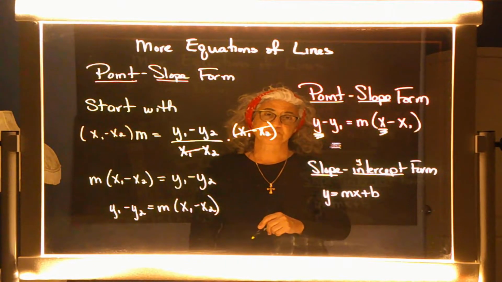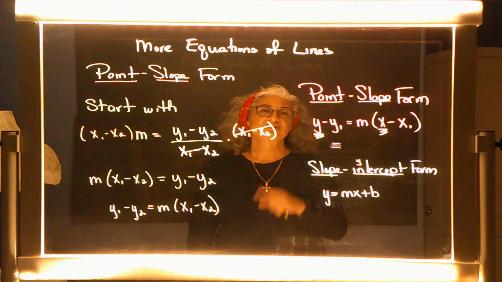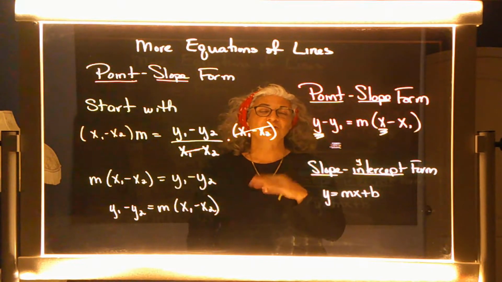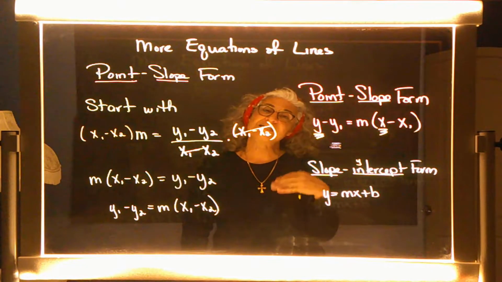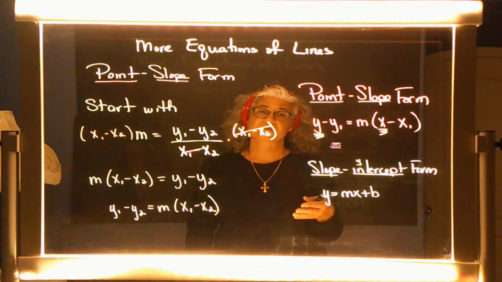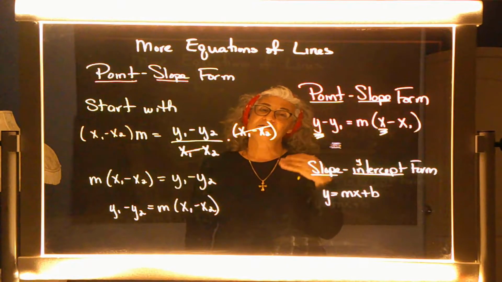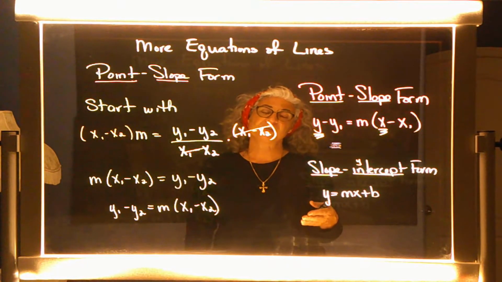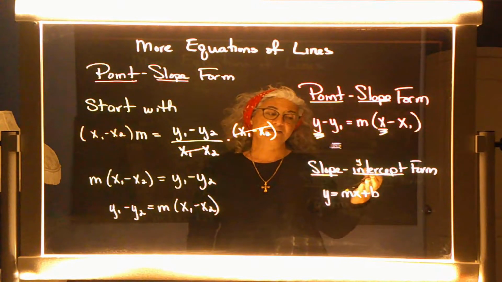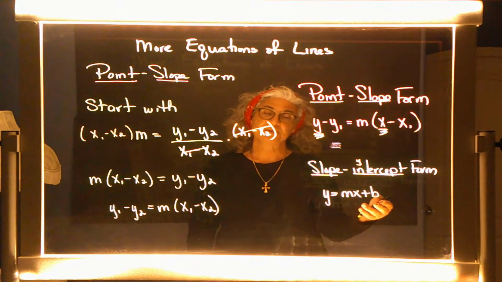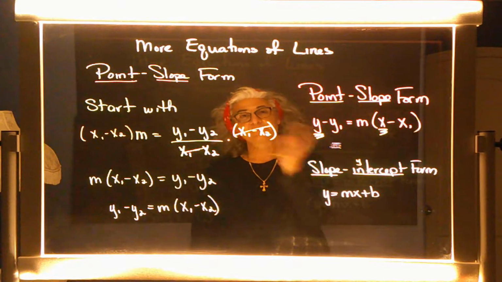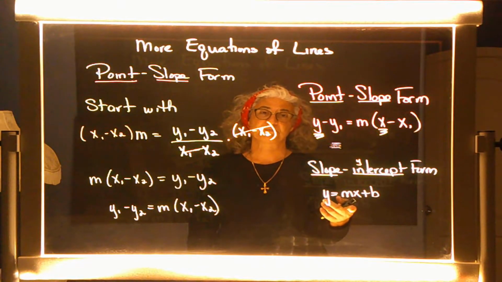y-intercept. This section is all about us finding equations of lines. And if the information they give me is the slope and a y-intercept, I can plug it directly into here, like we did in a previous lecture.